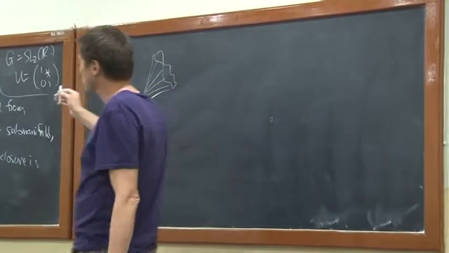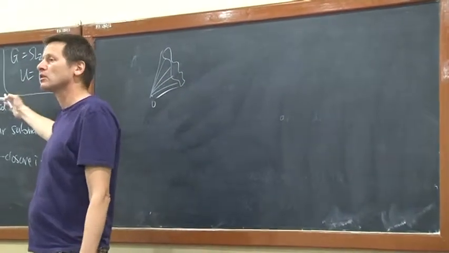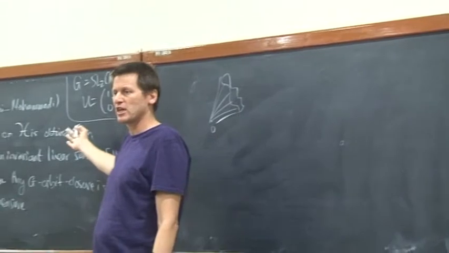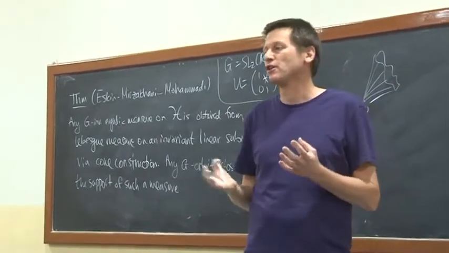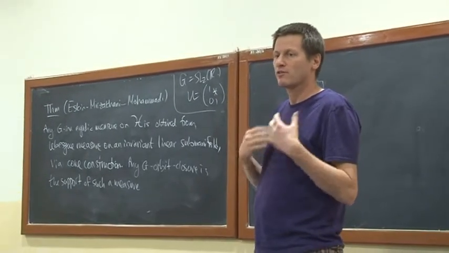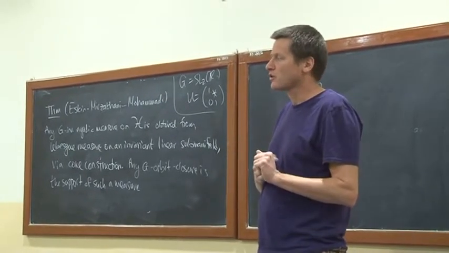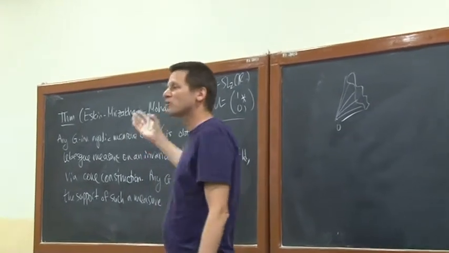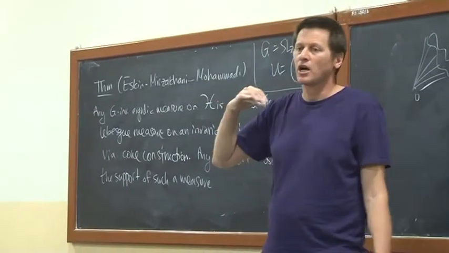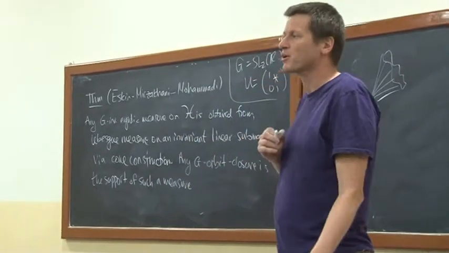For this action, there's a natural codimension 1 invariant subspace, which is the set of area 1 surfaces. If you fix the area of a surface, that's an invariant of the SL2R action. So in the stratum, there's a distinguished subset, which is the set of surfaces of area 1.